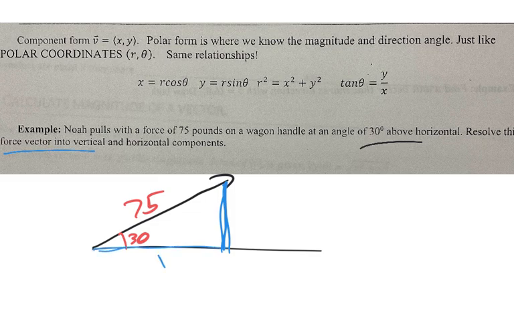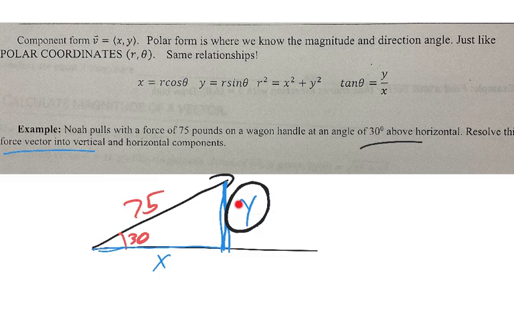So now I just need to resolve this into its components, which means I want to know how far on the x-axis did this go, how far on the y-axis did this go. So we use the law of sines, maybe? You don't have to. For me to find y, what do I know? I know this angle and I know this side. This is opposite, this is hypotenuse.